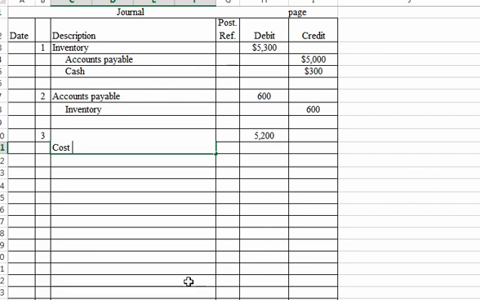Let me see which one your book uses. They go with cost of goods sold, which is the more common of the 2. I think our financial accounting book said cost of merchandise sold. And I think we said we'd use that for a merchandising business, cost of goods sold for a manufacturer, but they're kind of used interchangeably. Merchandise costing $2,800, so we debit cost of merchandise sold for $2,800.